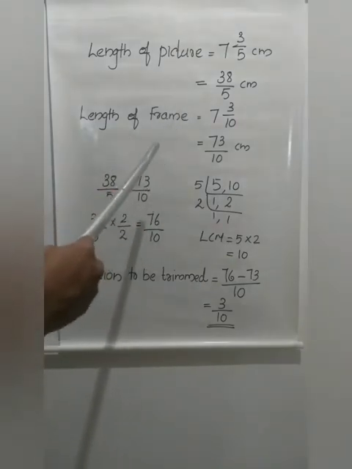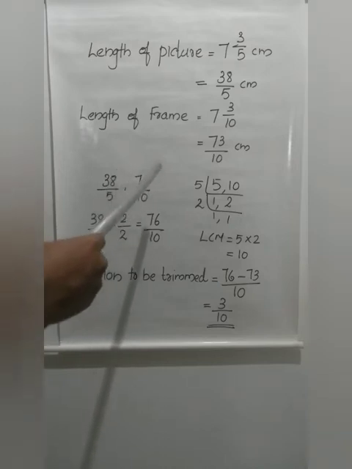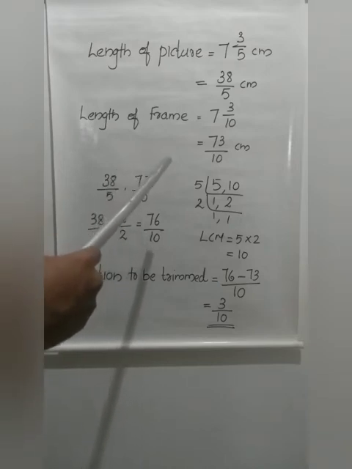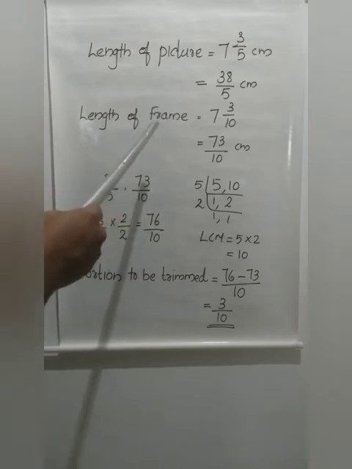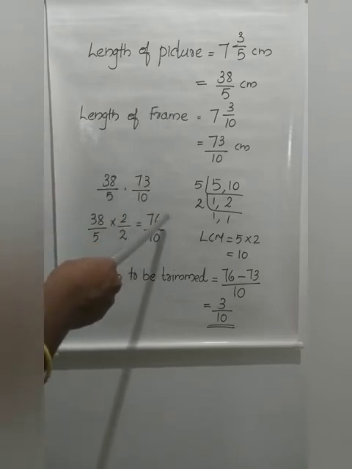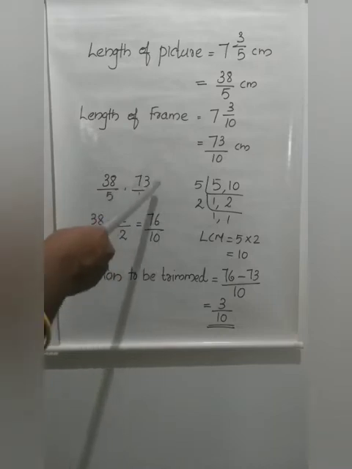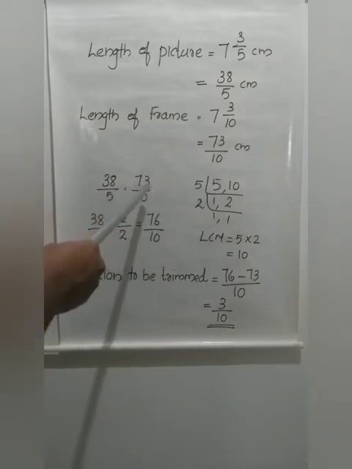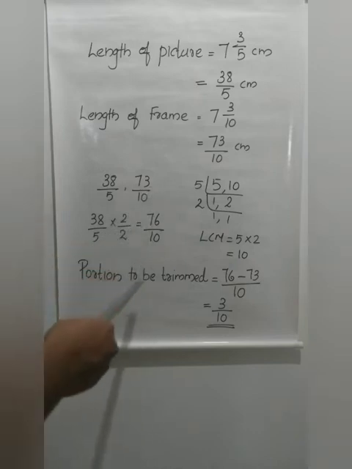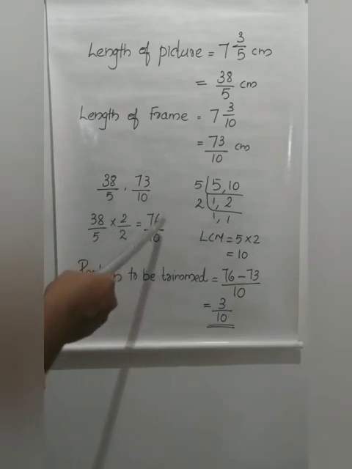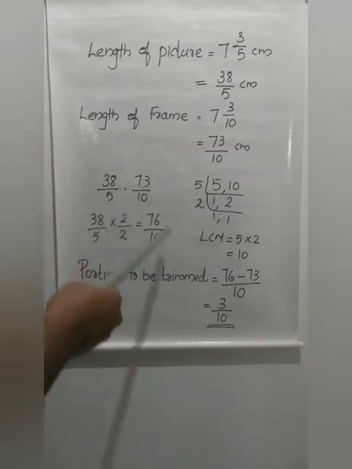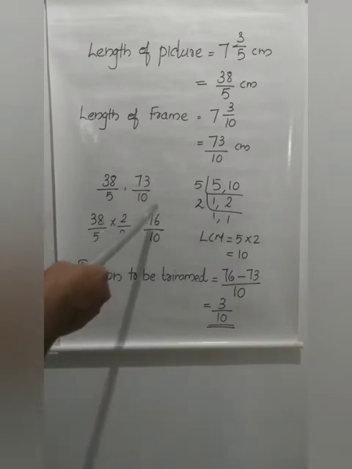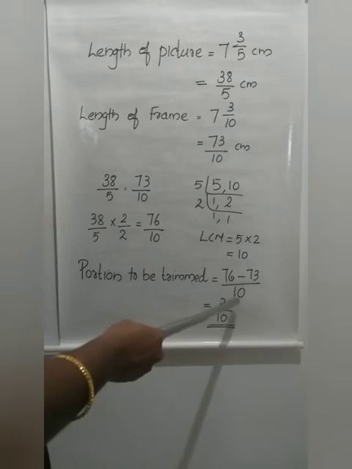So we have to trim the outer portion. How much do we have to trim? If it is the size of the frame only, it will sit in the frame. That means this 76/10 we should make 73/10. How do we find that? The portion to be trimmed is the length of the picture minus the length of the frame: 76/10 minus 73/10.